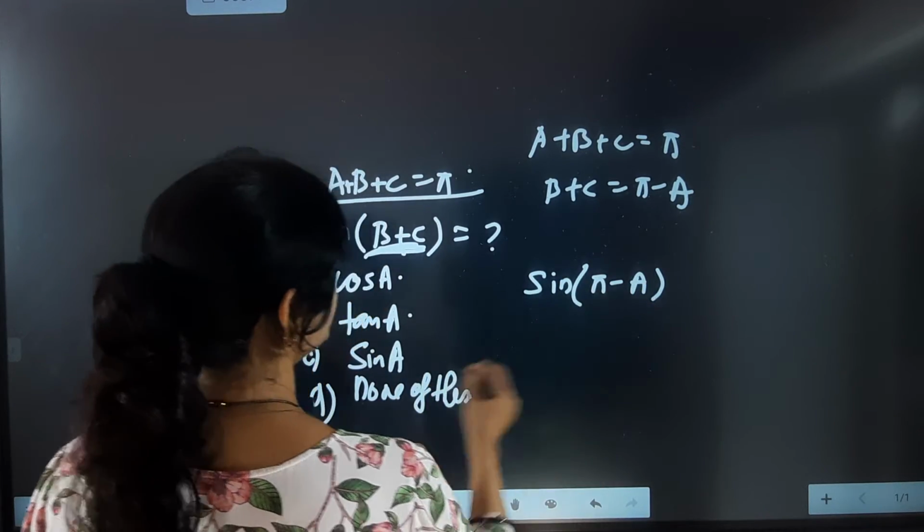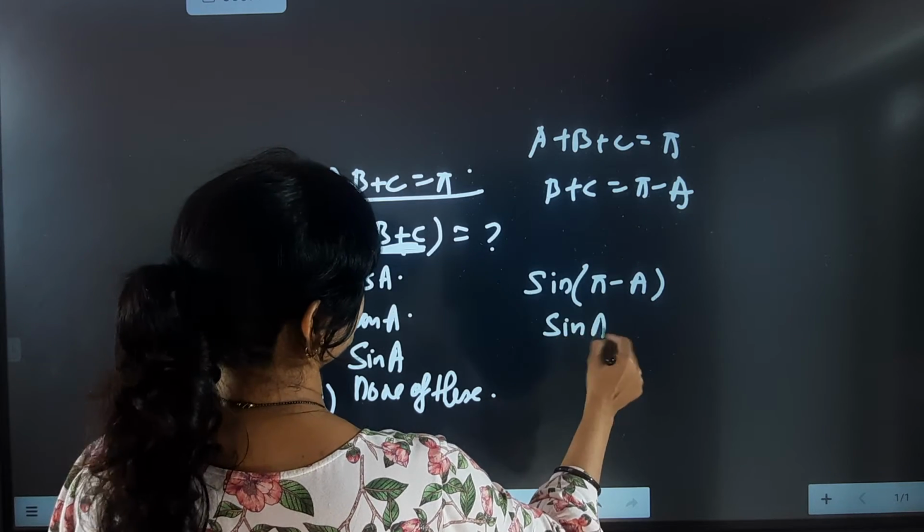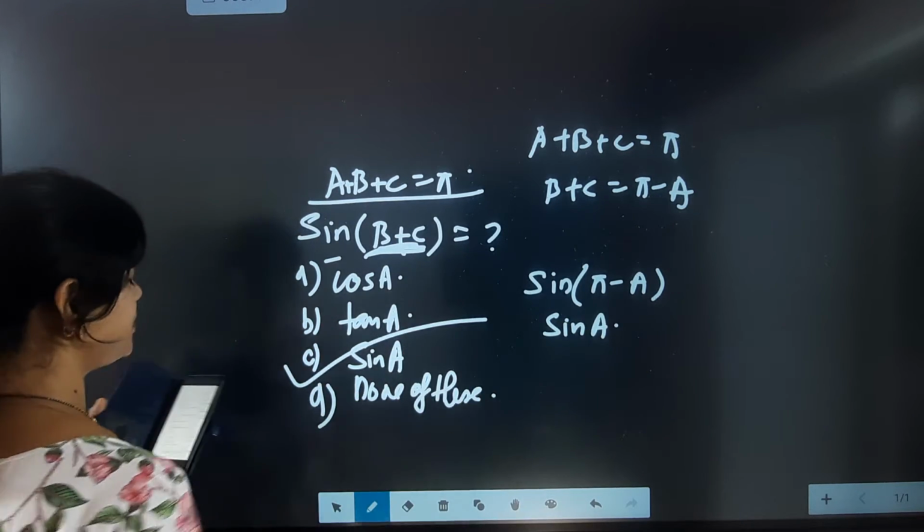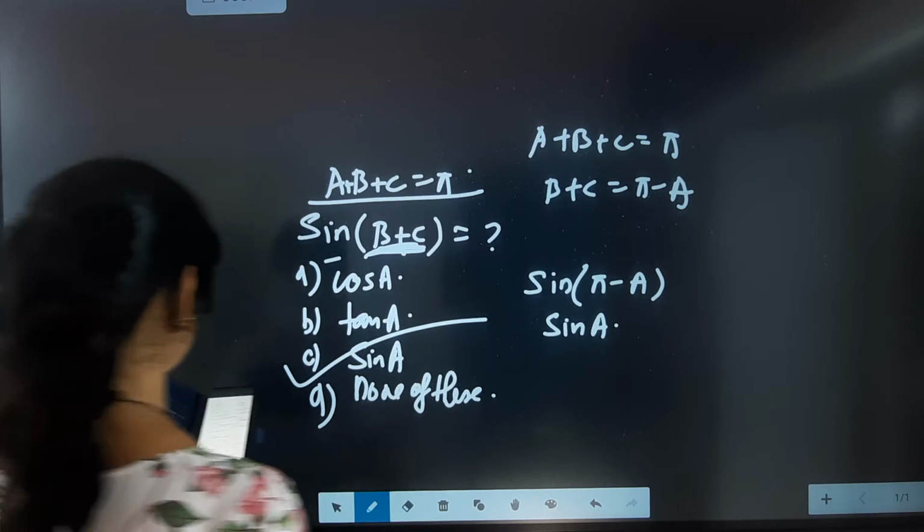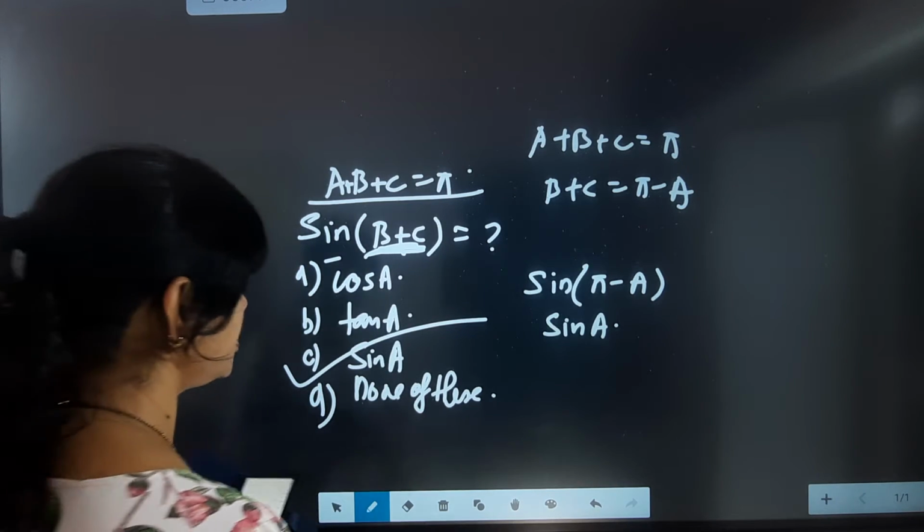Sin of 180 minus theta is sin A. So the answer will be option 3. With this we have finished 30 questions.